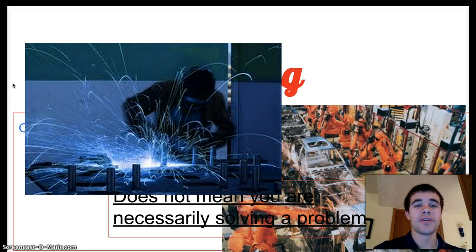And these robots are using the same type of welder, wire welder, as this man in the picture. And so the wire welder has not changed. When they put the wire welder on the machine, they weren't inventing a new one or solving a problem with the welder because there was no problem with the welder. They were just adapting it to make it faster and more efficient.